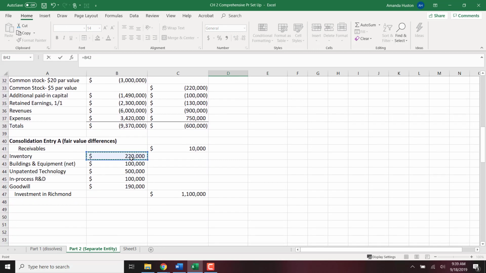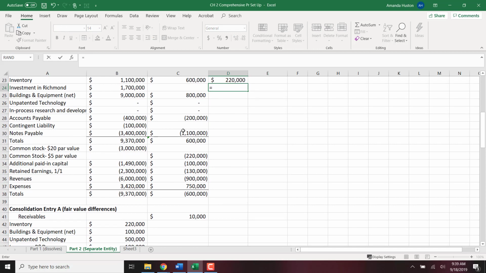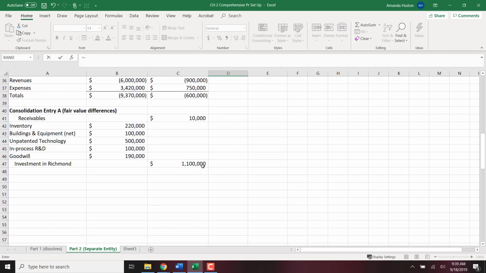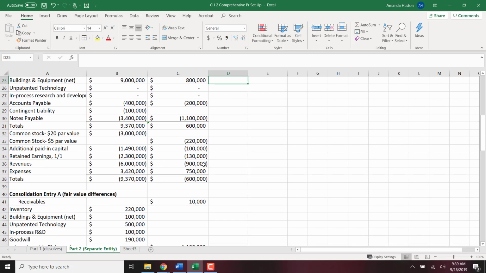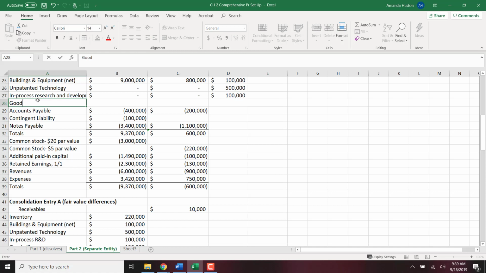This is inventory. This is buildings. Oh, investment in Richmond. This is a negative number because it's on the credit side. Then we have buildings, unpatented technology, in-process R&D, and we need to add goodwill.